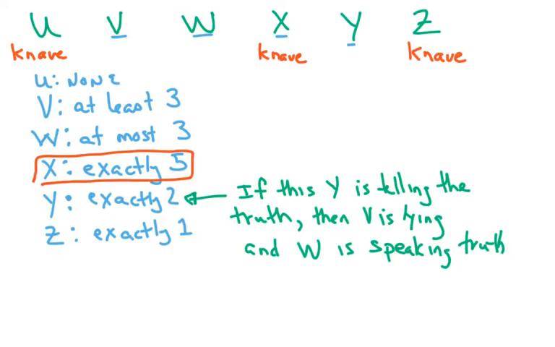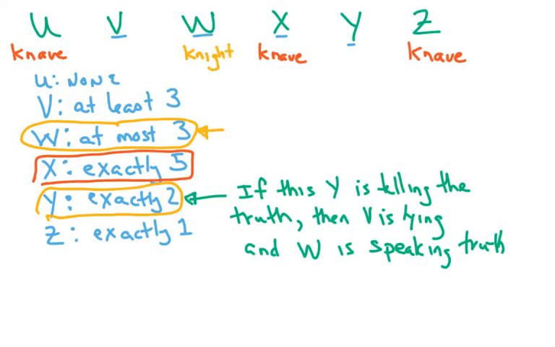So let's see if that makes sense. Y says exactly 2 are knights. Could that be true? Well, if it is true, then so is what W says, and that does not lead to a contradiction. So maybe this guy is a knight, and this guy is a knight, and V would have to be lying because at least 3 disagrees with Y, so he is a knave.